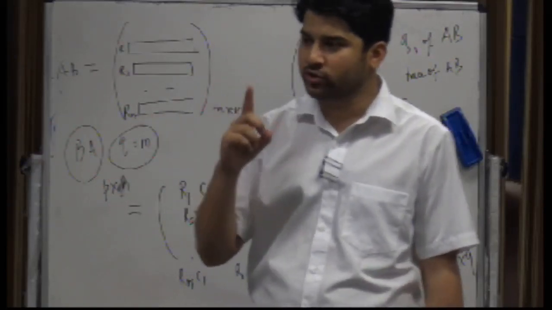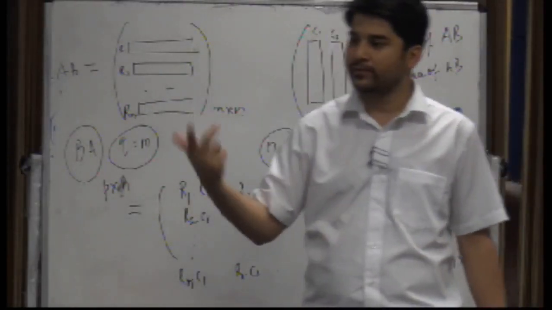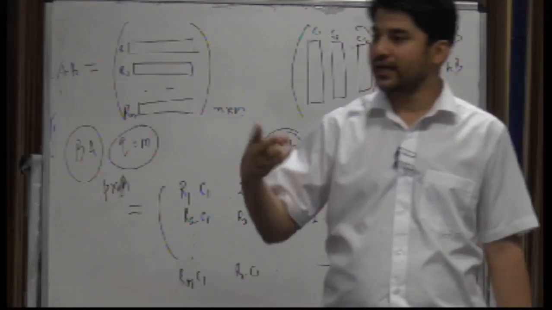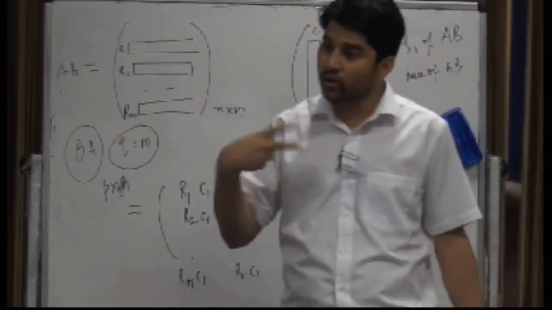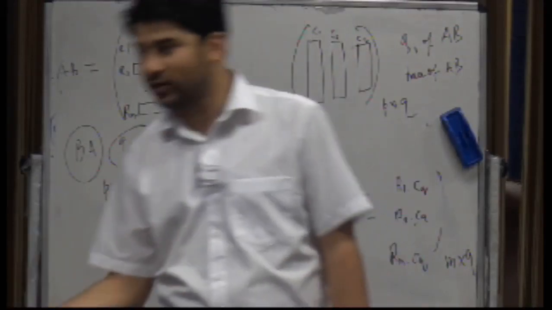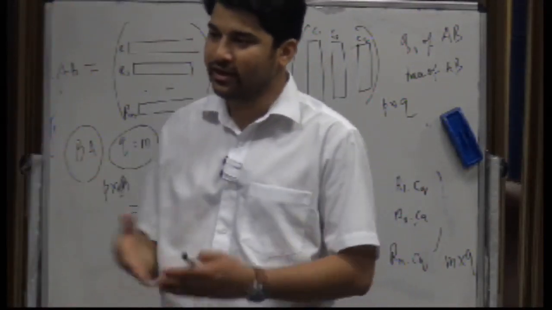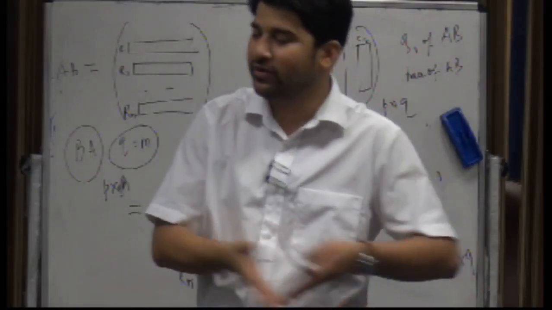We got two strong reasons. First, BA may not even exist even though AB does. But even if it exists, the order may not be the same. And even if the order is the same, they may or may not be equal. So they have to go through these steps, and only then can we say whether they are equal or not equal.